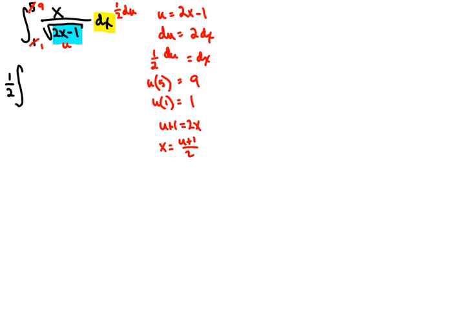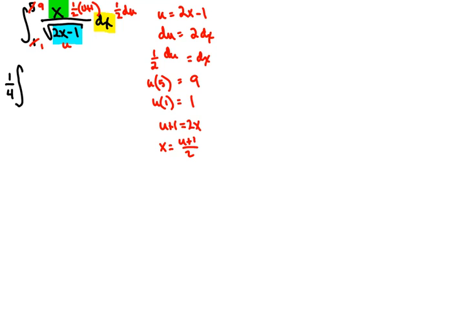Now first of all, I have a 1/2 from the 1/2 du, and I also have a 1/2 from the x. Remember now that my numerator is really 1/2 of u plus 1. And so I have a half in the numerator, and I also have a half from the 1/2 du that I swapped out for dx. So really I should have 1/4 on the outside.